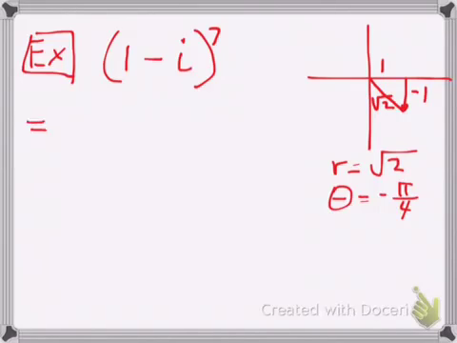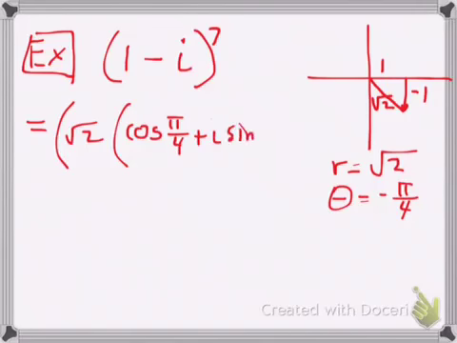So this is going to equal square root of 2 times cosine of negative pi over 4 plus I sine of negative pi over 4. That's a big deal right there. All raised to the 6th power.